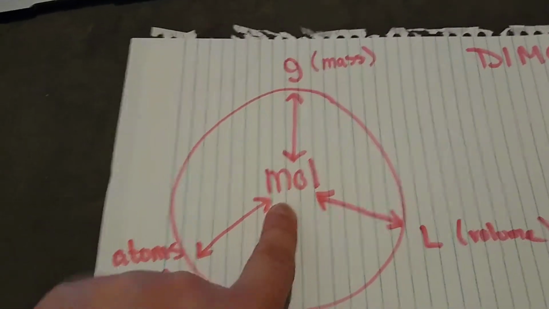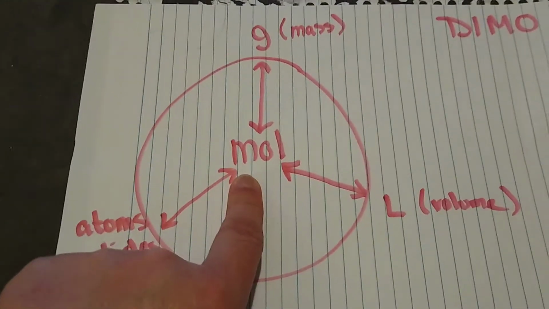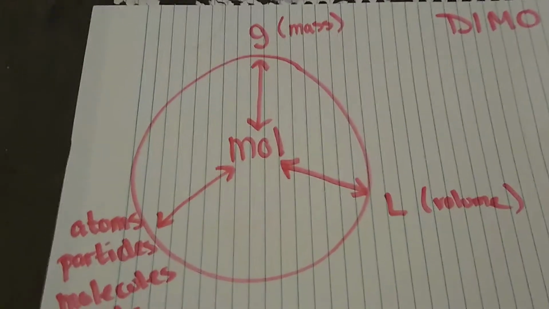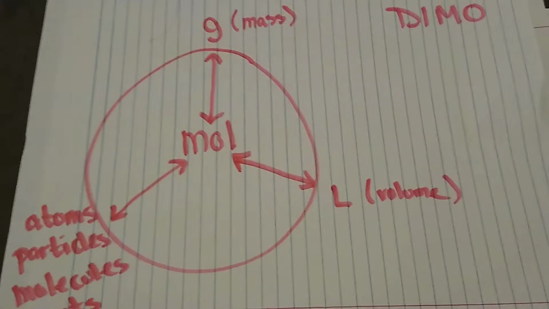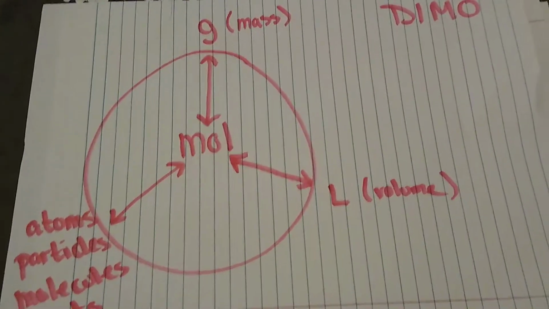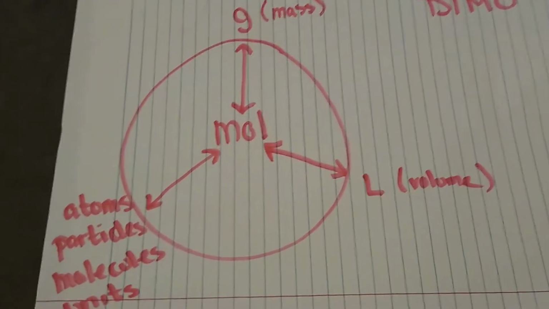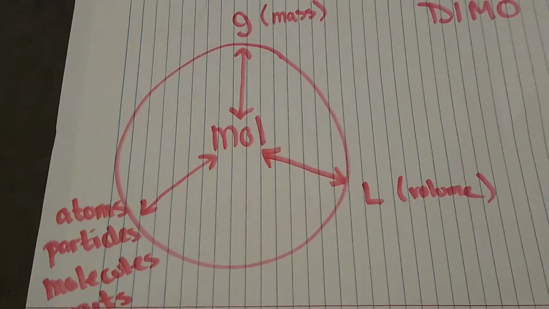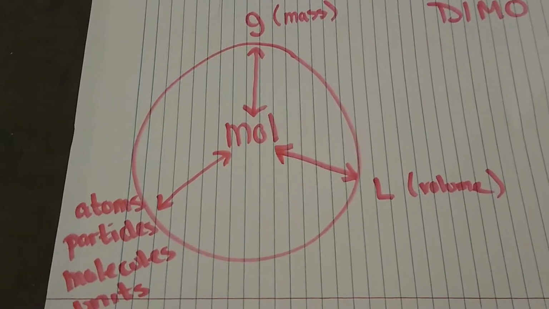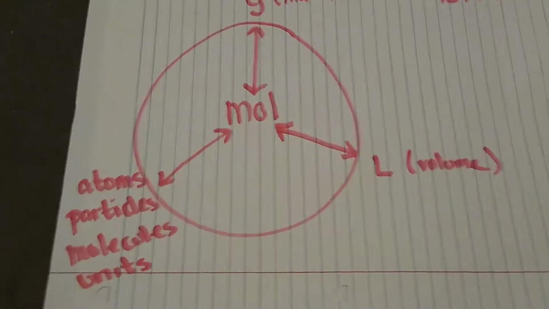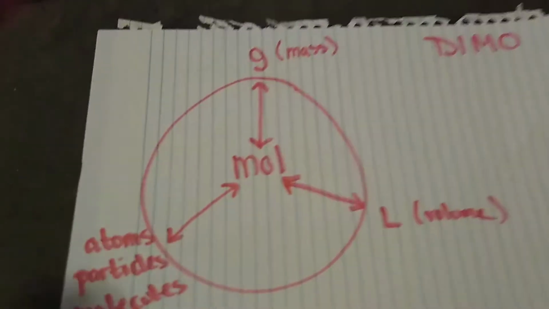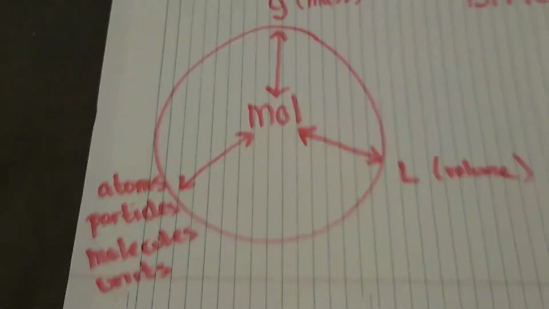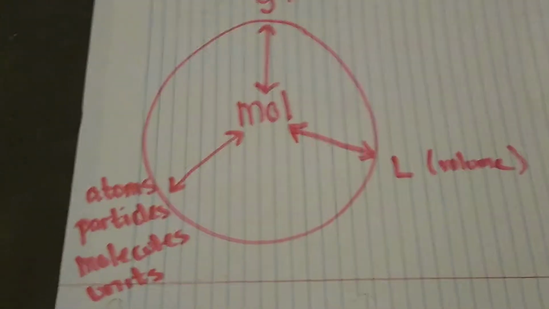Okay, now moles are what we use to convert between every other thing in chemistry. So this is the generic way that we refer to any type of substance in chemistry. This is just the generic measurement. So if I have a mole of something, I have a whole, like one part of it, if that makes any sense at all, I know it doesn't, but he also has a video on moles.